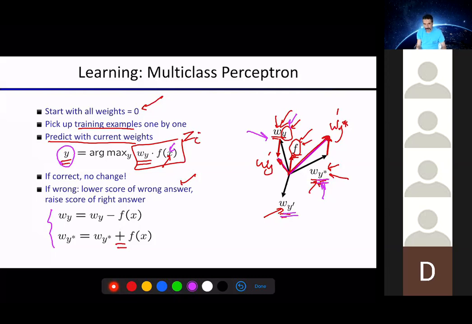And Y prime was the class that was neither true for this example, nor guessed by this classifier as a potentially true class. So it was the third class, and this is 3 classes that we have. In 4 classes, we have 2 of these kinds. In 5 classes, we have 3 of these kinds. So the classifier thinks one class, the correct label might be the other class, or might be the same. I hope this makes sense.